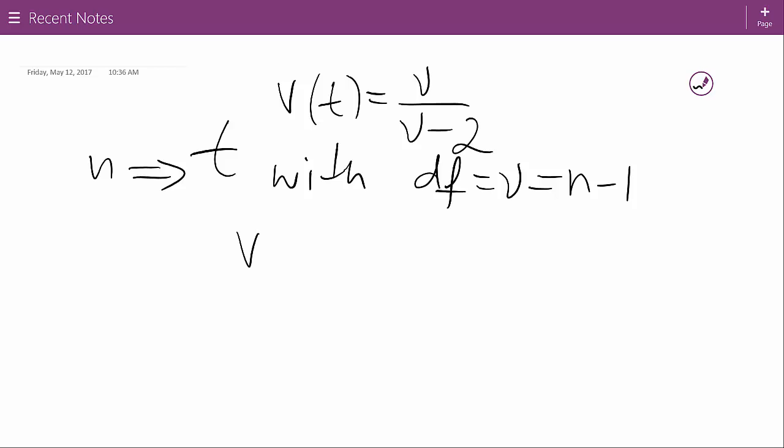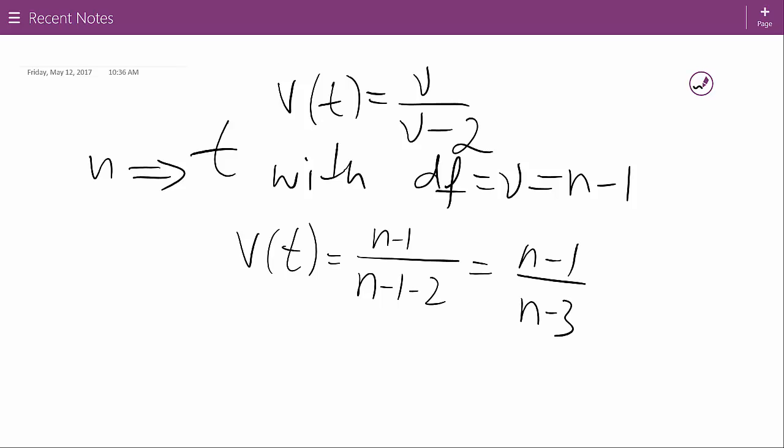And let's take a look at what happens with variance. Okay? So the variance of the T distribution is equal to nu, which is n minus 1, divided by nu minus 2, n minus 1 minus 2, or n minus 1 divided by n minus 3. So what happens if I start taking larger and larger samples? What happens to my variance?